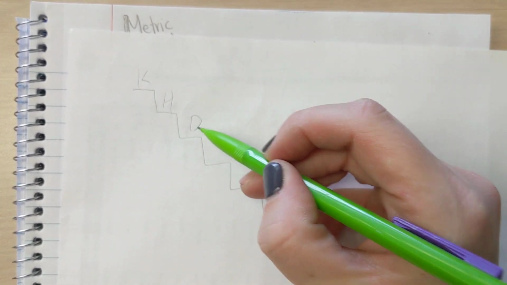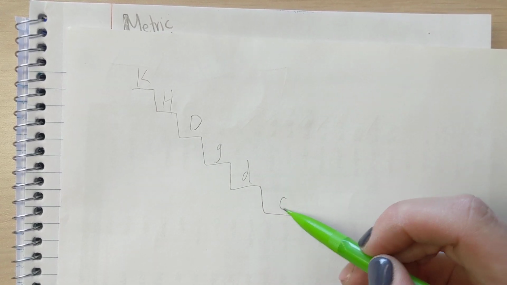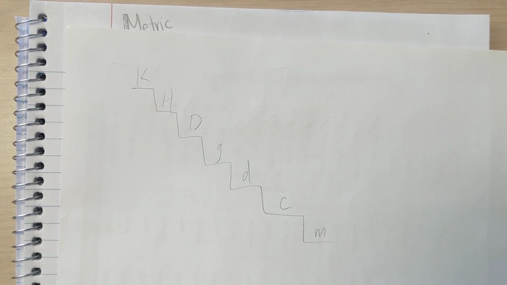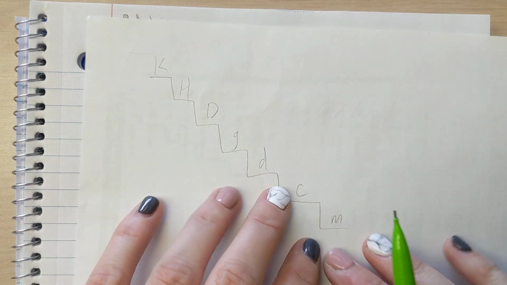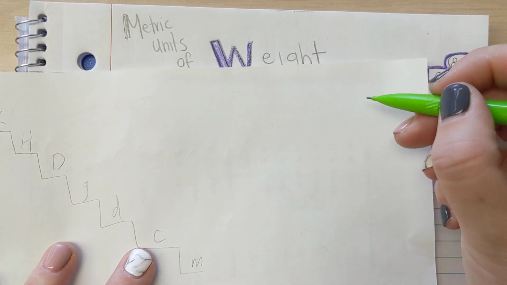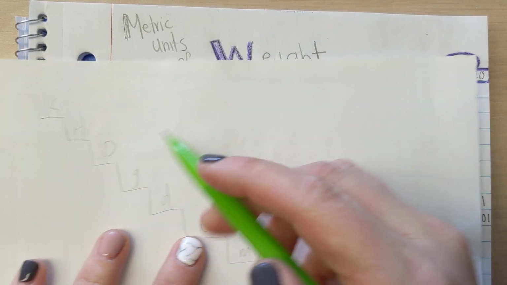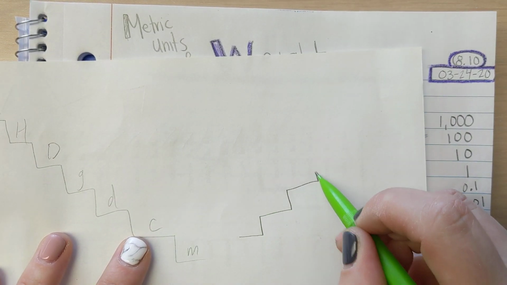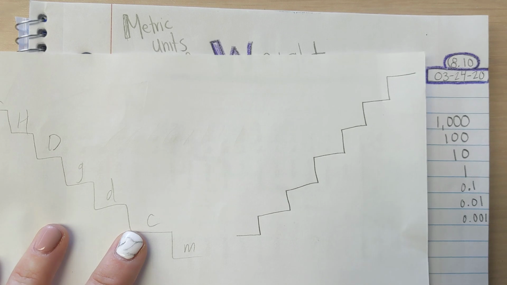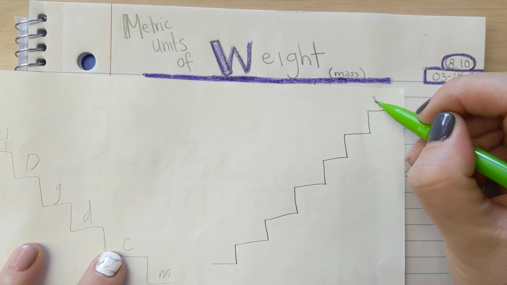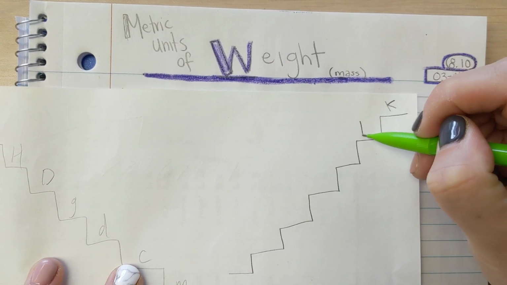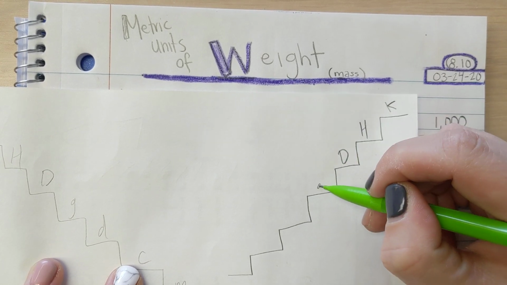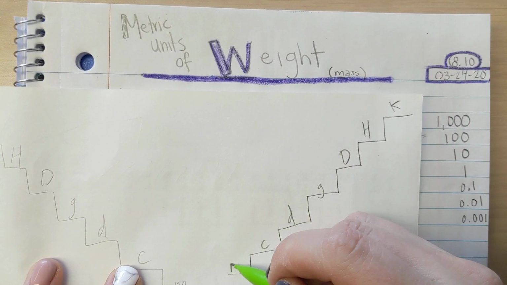Kilo, hecto, deca, gram, deci, centi, I need one more, milli. Instead of setting up their staircase like this, sometimes people go the opposite way. So instead of the staircase going down to the left, they might start it going like this, right? So then this direction, you still have kilo at the top.